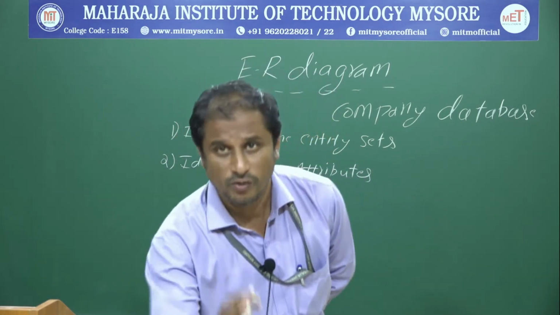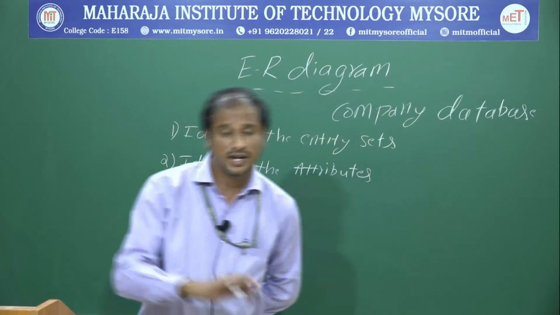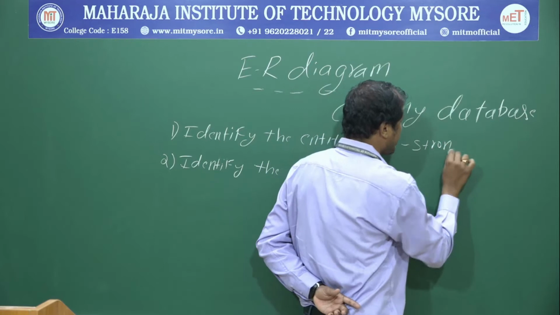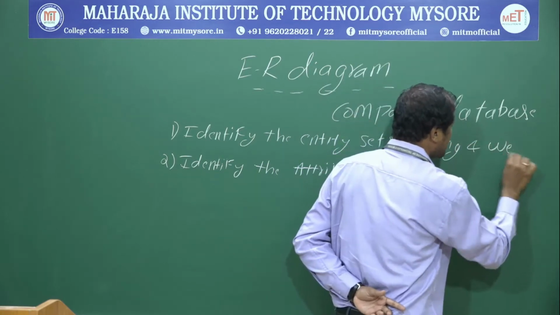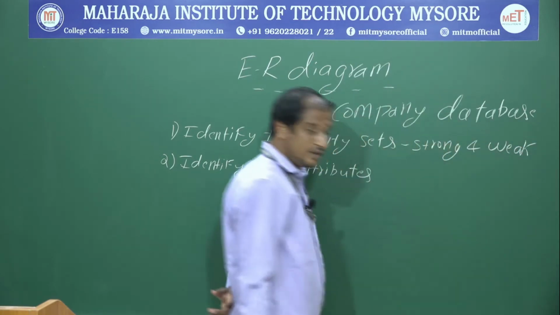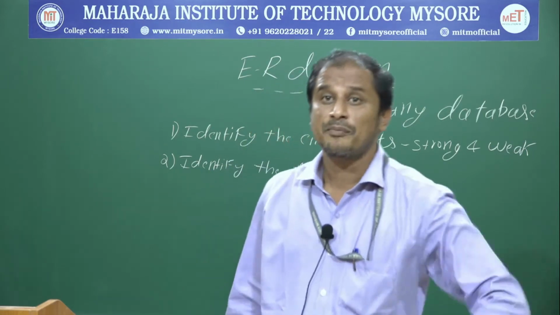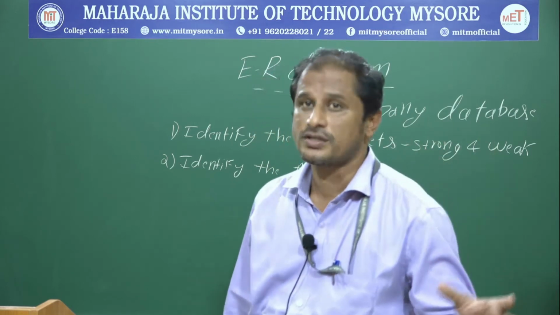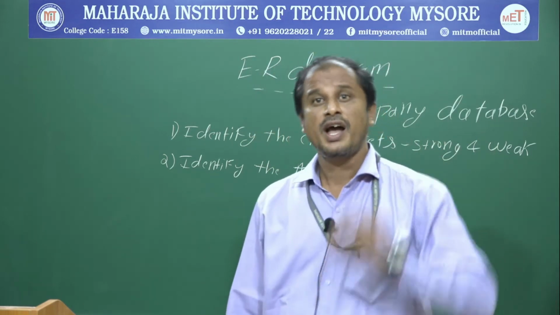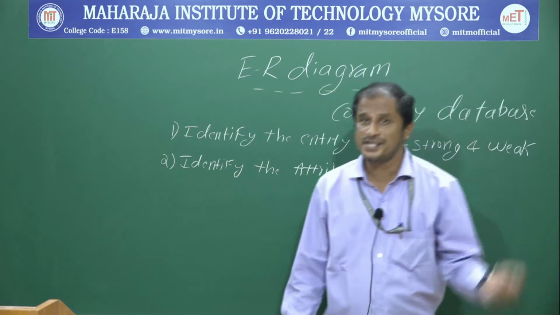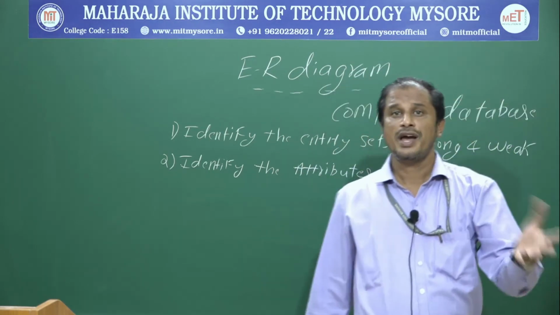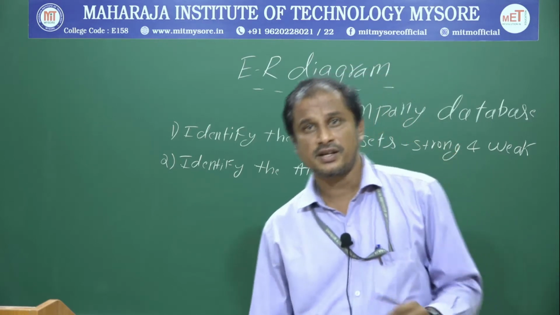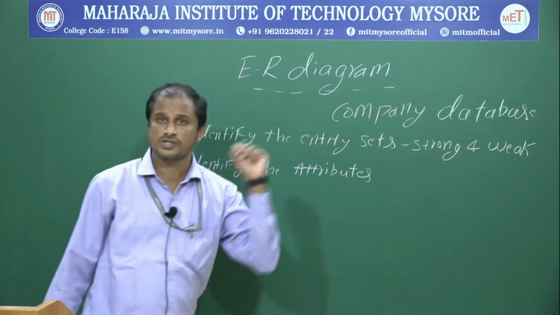First, you want to go with identifying strong and weak entities. The company has employee, department, and project, which are strong entities, and employee has dependents, which is a weak entity because it depends on employee SSN. So the first step is to identify entities as strong and weak.